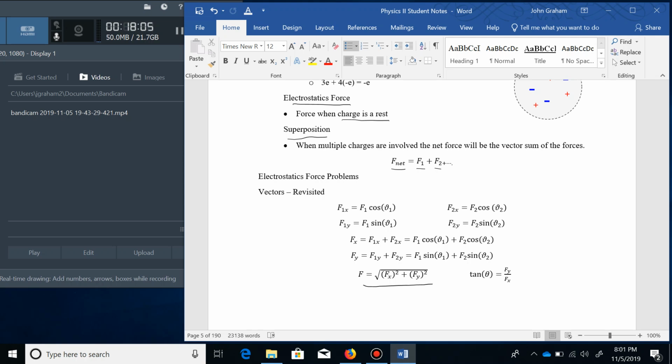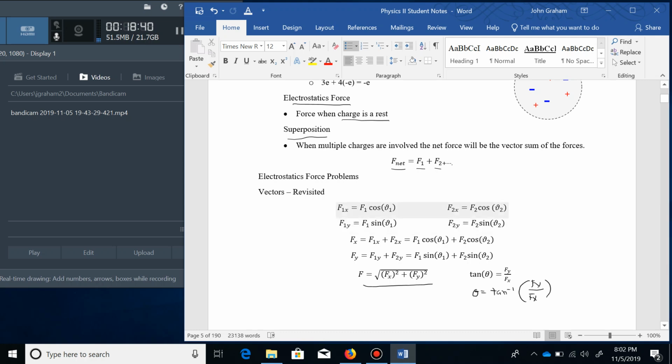Or if you take the square root, it gives you your overall force. And the overall angle is going to be that the tangent of the angle equals force y over force x, or the angle itself equals inverse tangent of Fy over Fx, which you should have seen in math class and in physics 1, and you will have seen this in the review on the very first day.